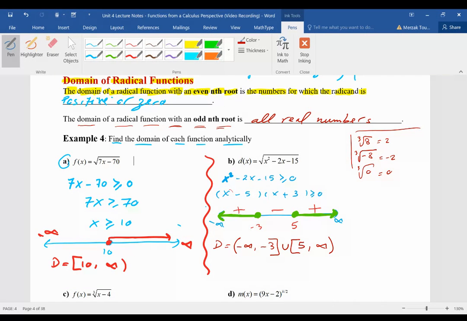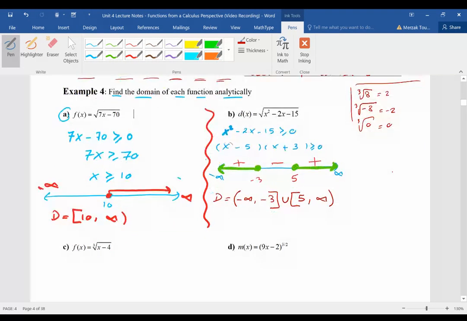For this reason, we know that the cube root, or the odd root, is real for any number on the number line. The odd root of a positive number is positive, the odd root of a negative number is negative, the odd root of 0 is 0.